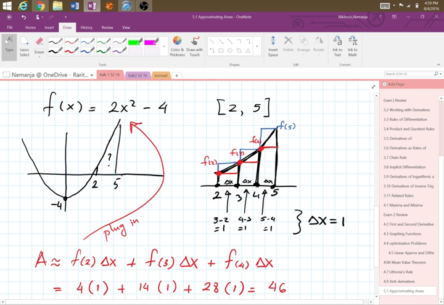Sometimes you are told how many rectangles to use, which can actually make this partitioning really annoying because you end up with fractions. And sometimes you pick your own. So in this case, since it goes from 2 to 5, and then there are also 3 and 4 in between, it looks like the 3 rectangles would be fine. Now, every time you draw a function, you will always be able to do left approximations and right approximations.